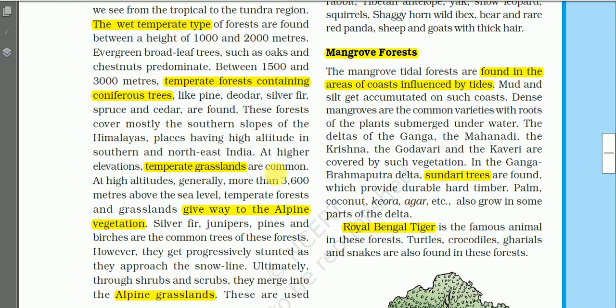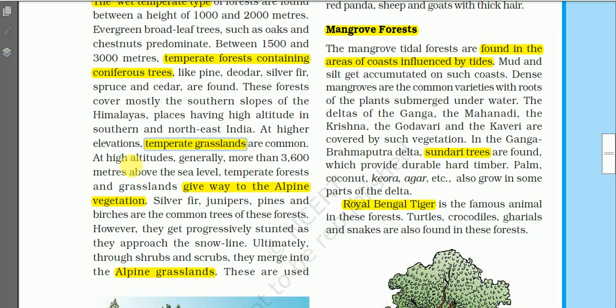And next, at the higher elevations, at the higher altitude, temperate grasslands are common. At higher altitudes, generally more than 3,600 meters above the sea level, temperate forest and grassland give way to alpine vegetation.